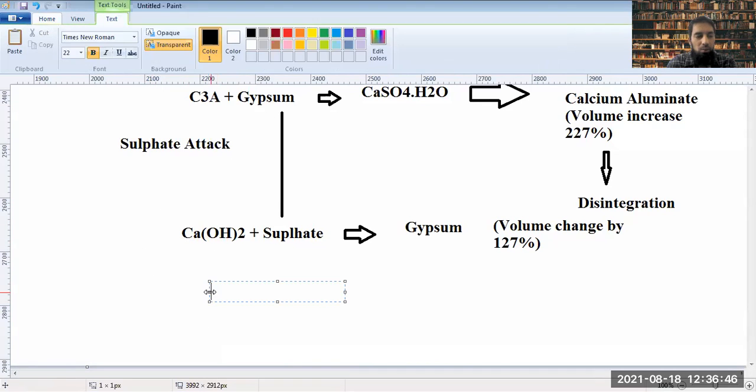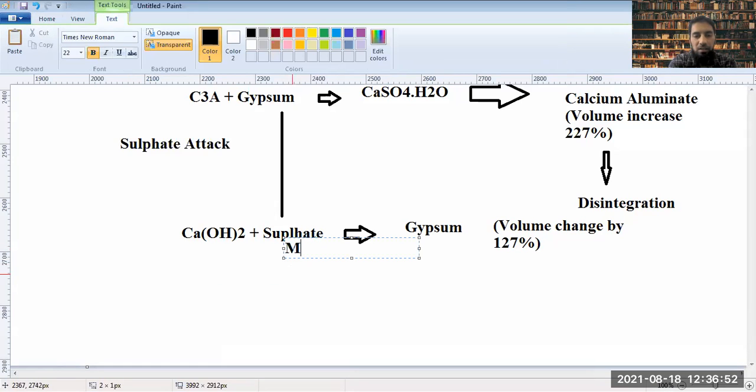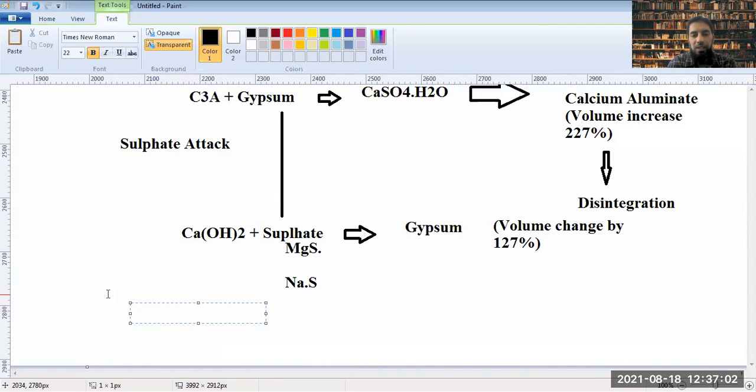So what do you do actually? What are the sulfates actually? There are magnesium sulfates, and sodium sulfates, present from the atmosphere or within the cement or within the water, which react with these chemicals in order to undertake the sulfate attack. So how do you prevent this?